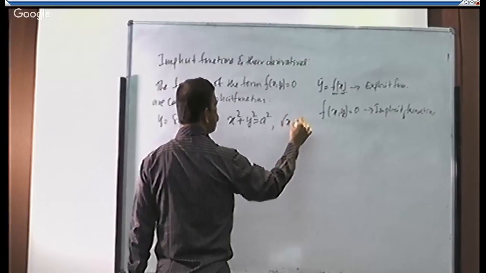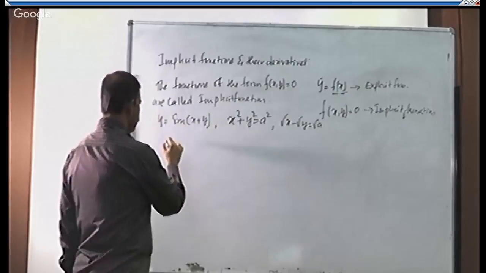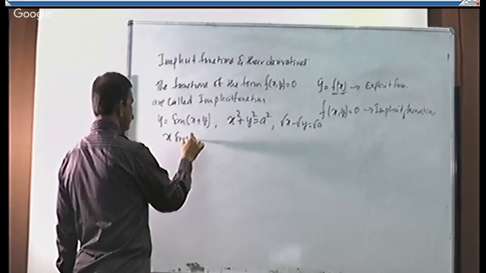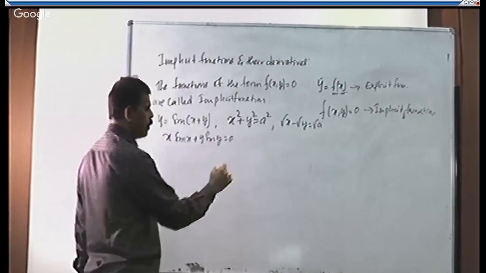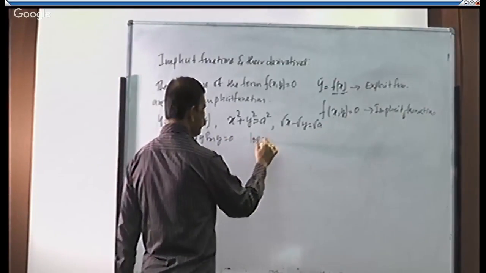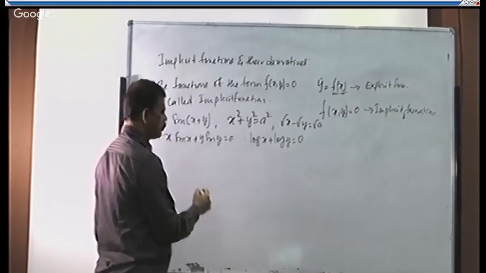Root x minus root y is equal to root a. X sin x plus y sin y is equal to 0. Log x plus log y is equal to 0.